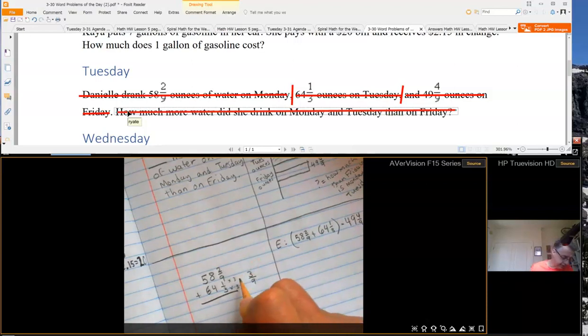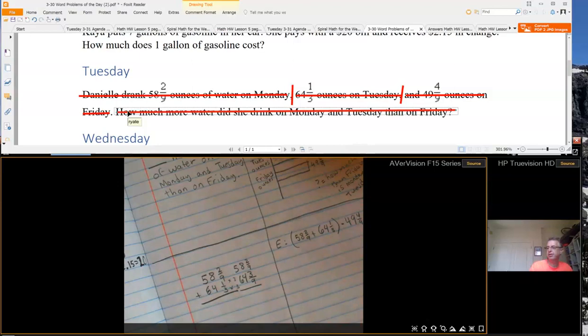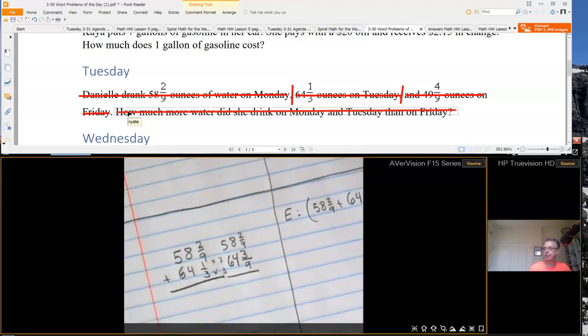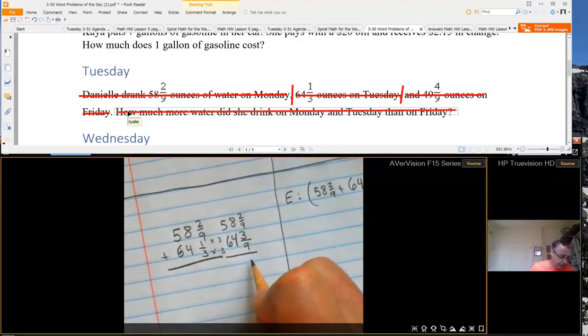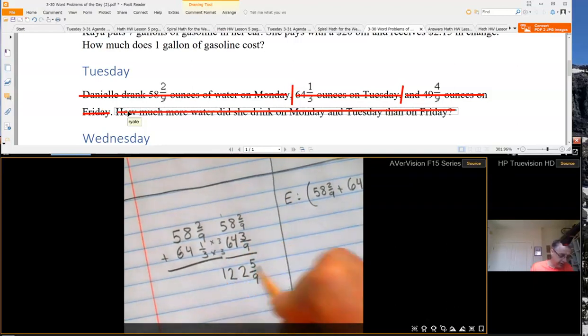And that'll make life a lot easier for adding. So I'm going to make this 64 and 3/9, and this will still say 58 and 2/9. So I'm going to add those together. And I'll zoom a little bit so you can see. I'll get 2 plus 3 is 5, so it'll become 5/9. 8 plus 4 is 12. Carry it, 122, and 5/9 total ounces.